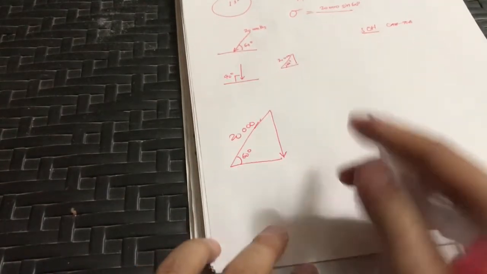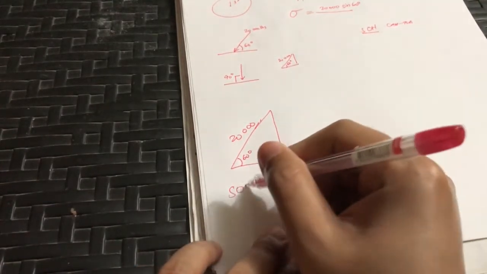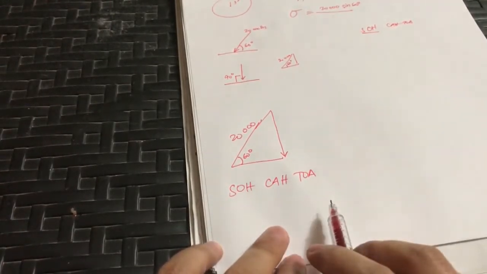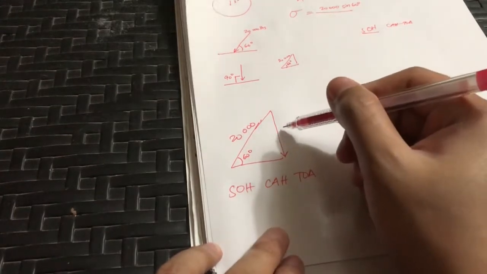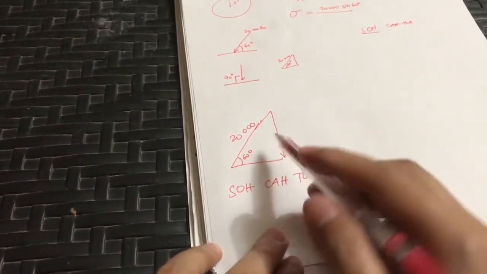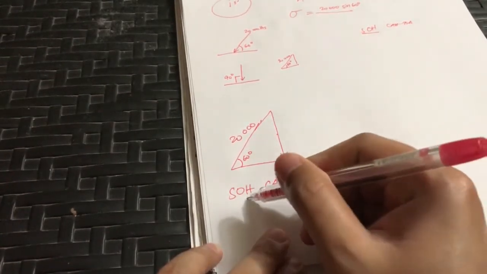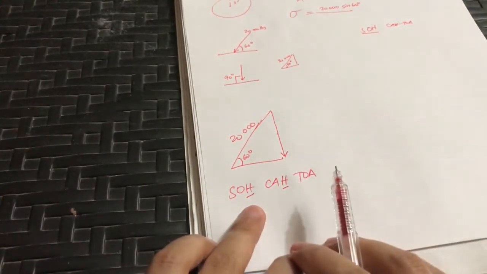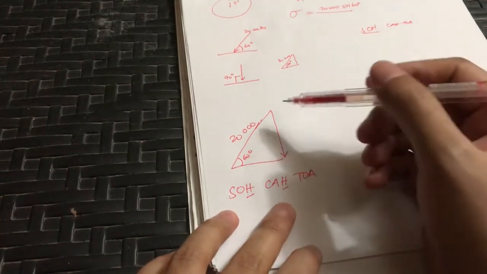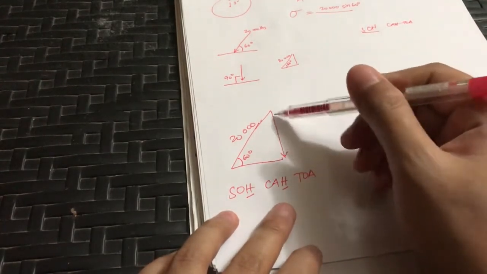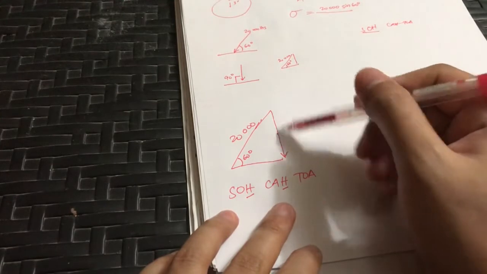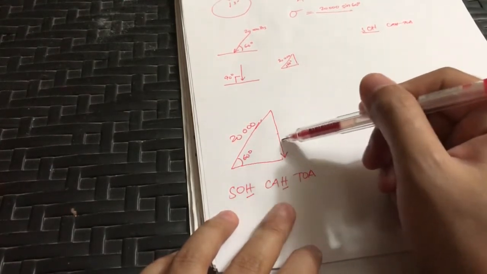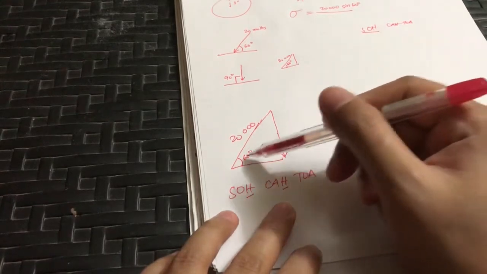From your SOHCAHTOA in trigonometry, we need the vertical given the hypotenuse. The hypotenuse is given, so we could use cosine or sine depending on the angle. What we need is the vertical component, and with respect to the angle, that is the opposite, this is the adjacent.